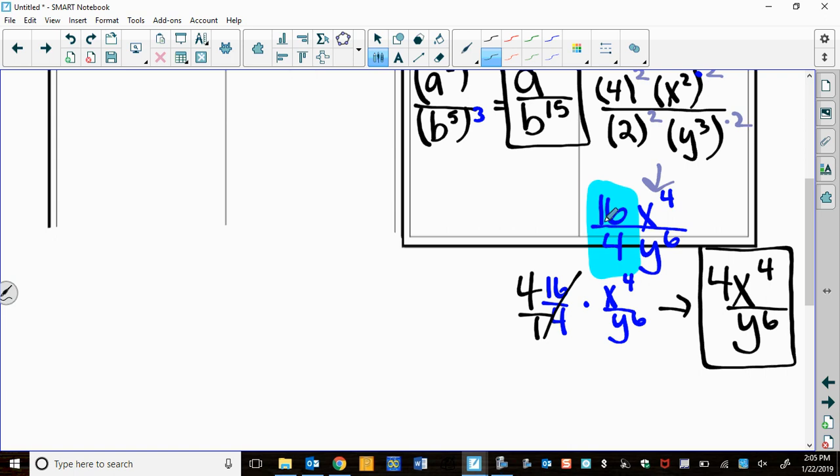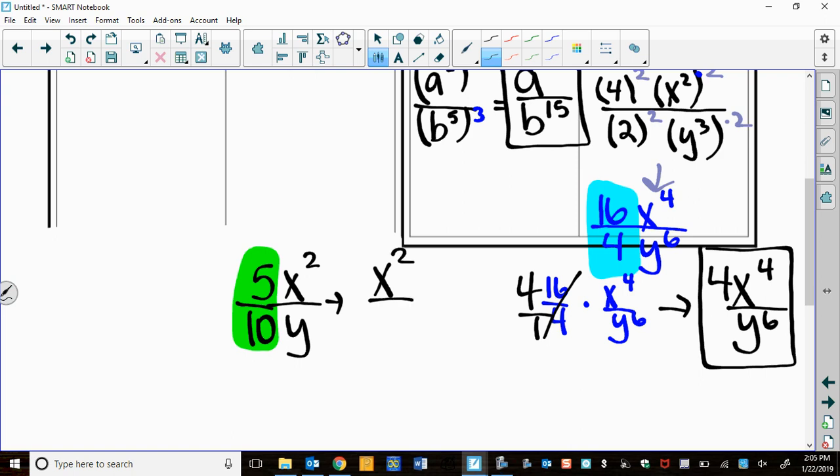If you see a number like 5 over 10, x to the 2nd power over y, you would have to simplify this as well. This is just another example. If you do this, then that would be x squared, and the y in the bottom, well, the 5 over 10 is 1/2. So the 2 has to go in the bottom. The 1 would go on the numerator, but we don't really write that. So this would be your final answer.